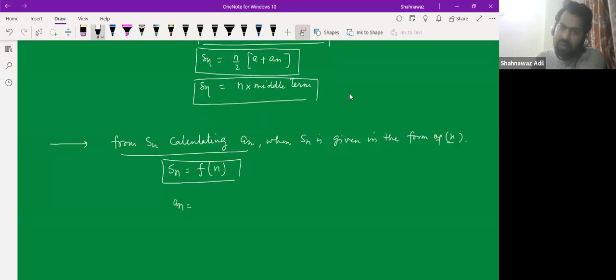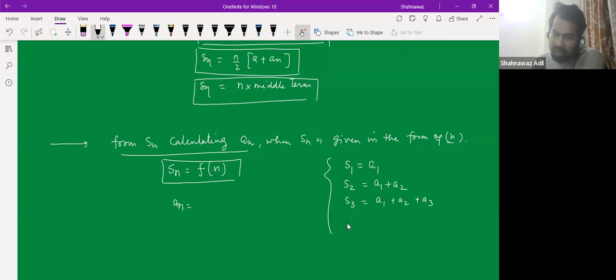Remember what Sn is. S1 is simply A1. S2 is A1 plus A2. S3 is A1 plus A2 plus A3.